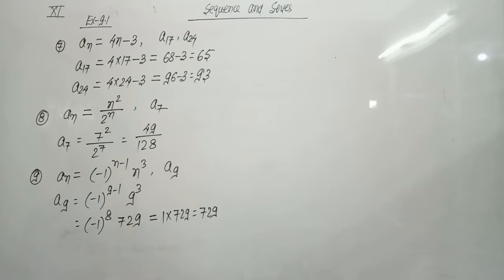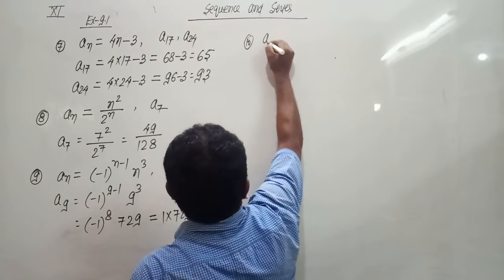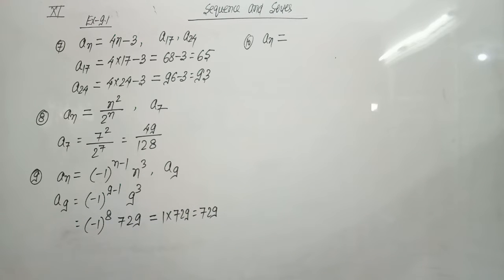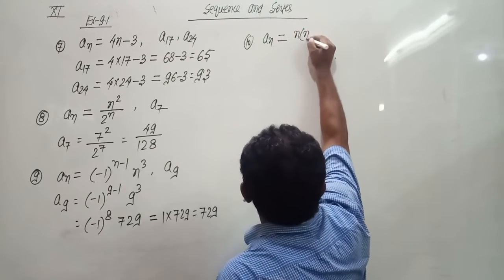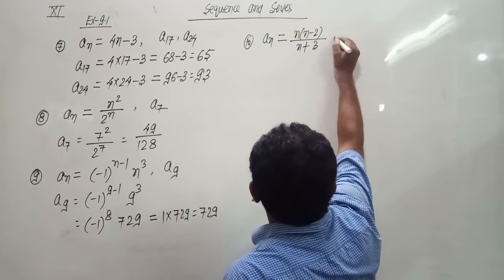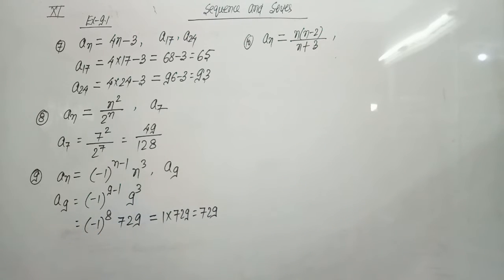Now question number 10. An equals to n into n minus 2 upon n plus 3, and we have to calculate the value of A9.